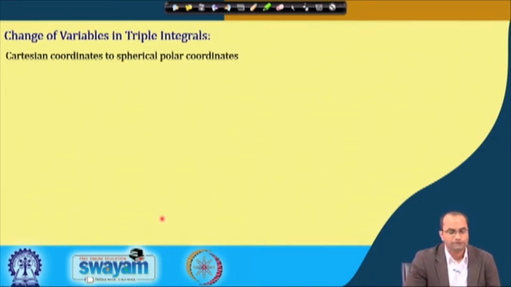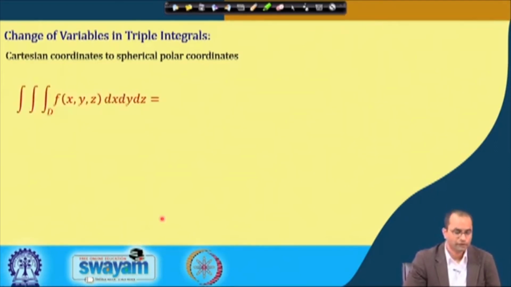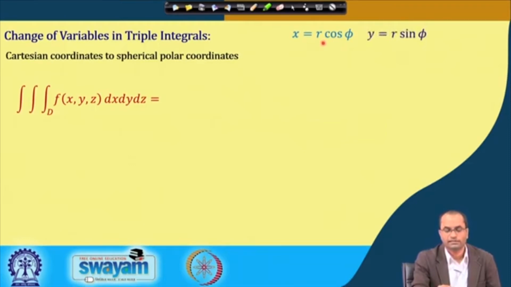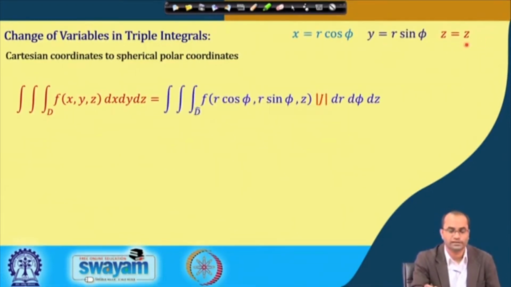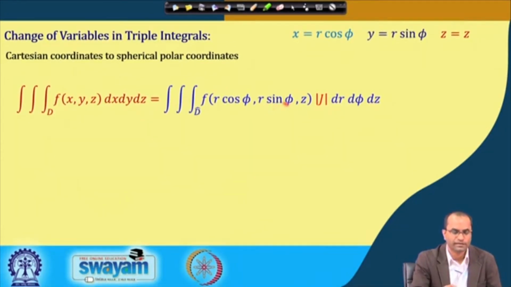So, here now if we talk about the triple integral and the change of variables. So, we have this integral which is written in this Cartesian coordinates, and if we want to make this change of variables here, x is equal to r cos phi, y is equal to r sin phi and z is equal to z. In that case this integral will be written as, so the direct substitution for x here r cos phi, for y we have replaced by r sin phi, and z because it was same there.